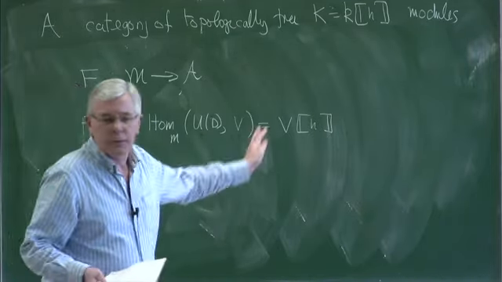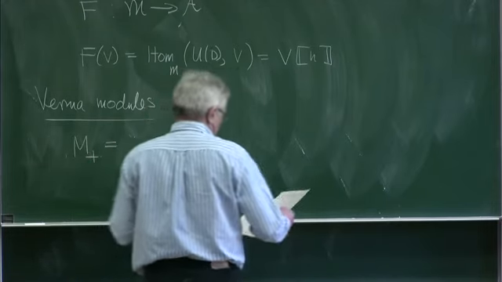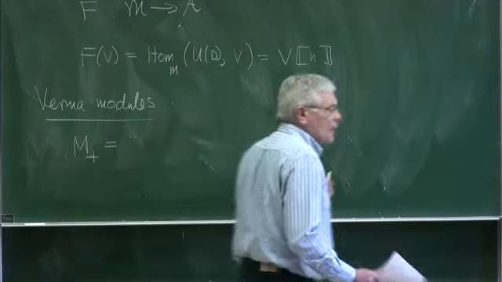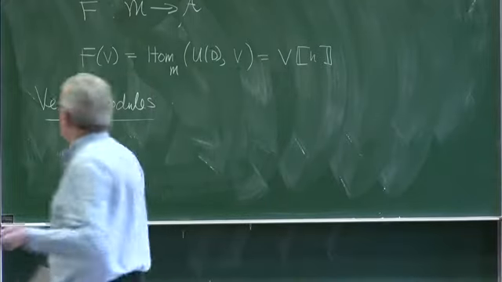Now, the first thing we could do is use the Verma modules. And these are just the modules M plus, which is going to be, and again, I'm interchanging between representations of the Lie algebra and representations of the enveloping algebra all the time, but forgive me for that.